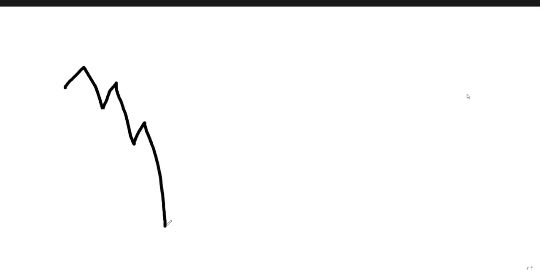Now I'm going to draw lines on top, and I'm going to give them names. The first line is the footprint line.